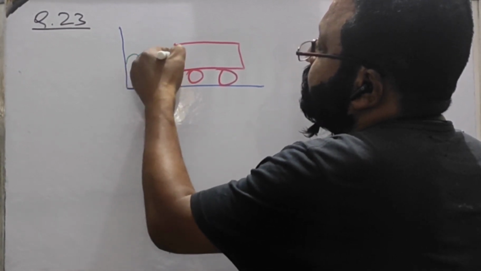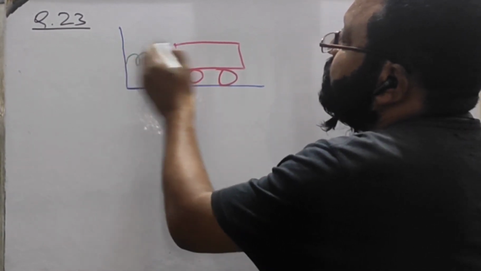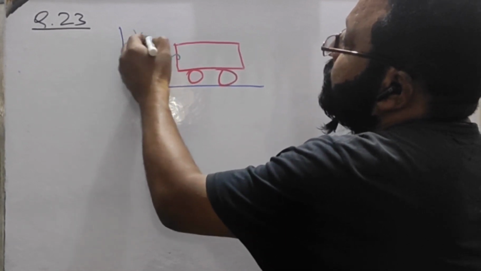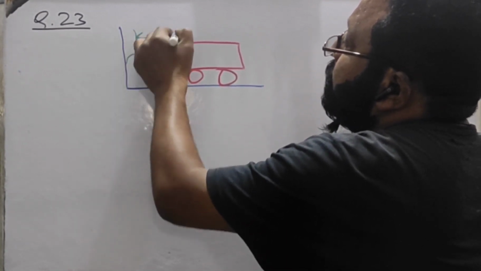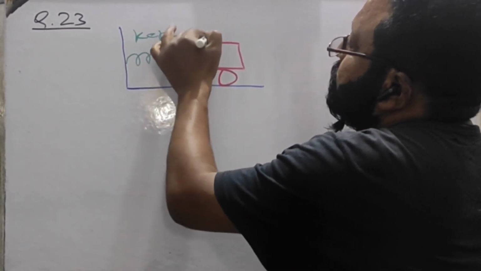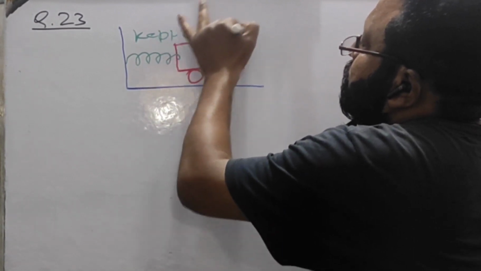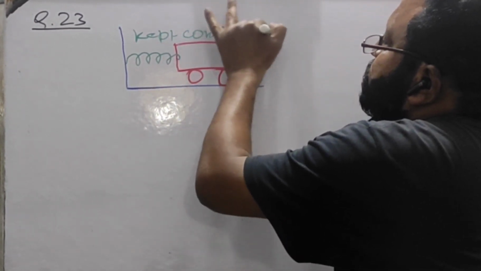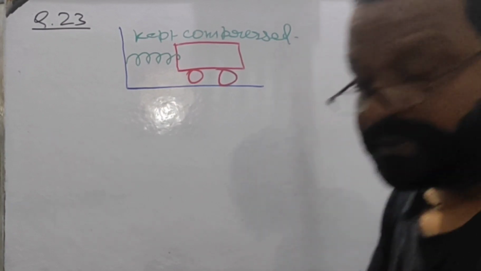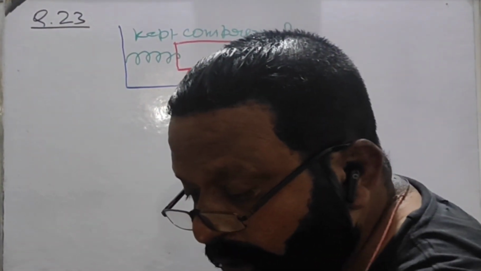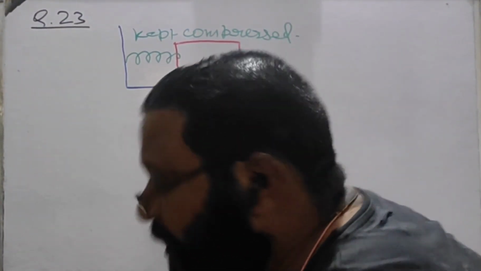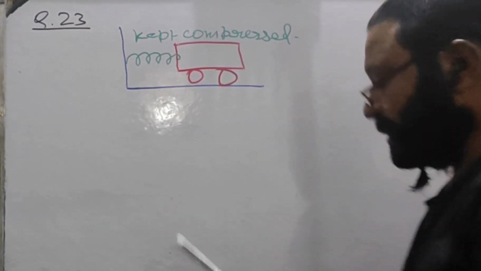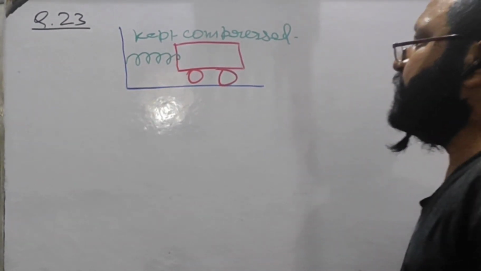It is kept compressed. So what happens? And the mass of the trolley is 0.5 kg.